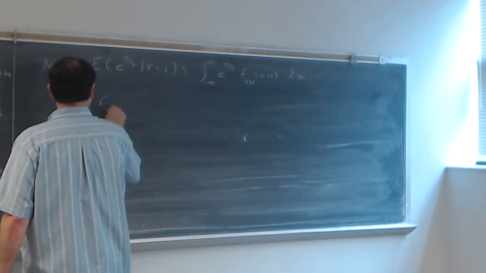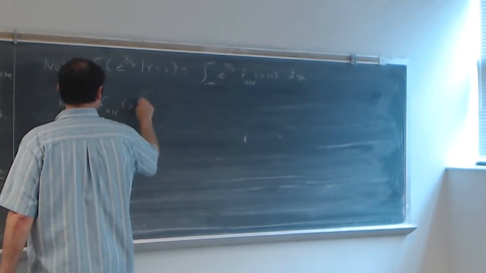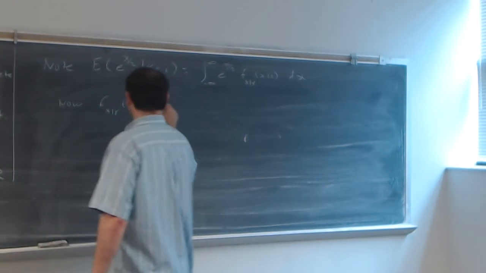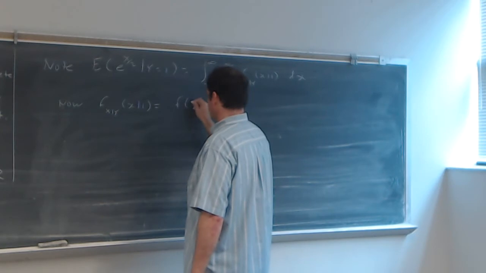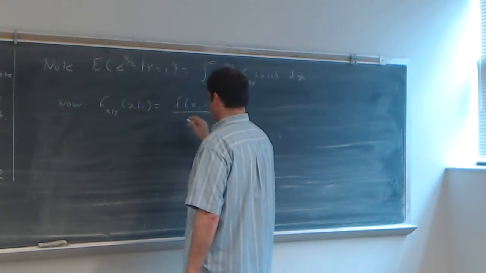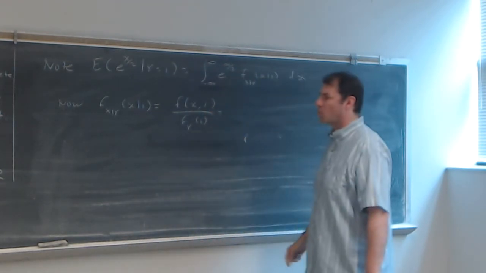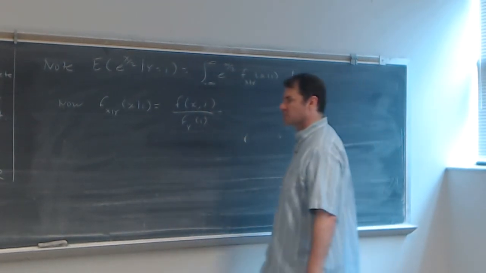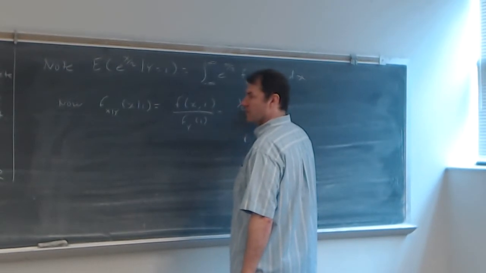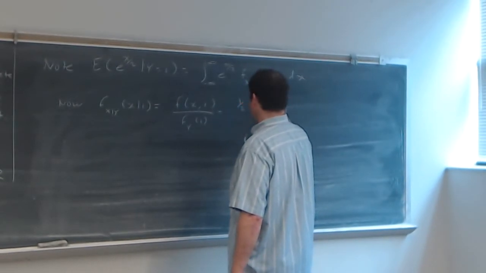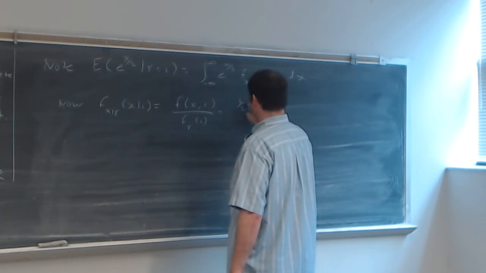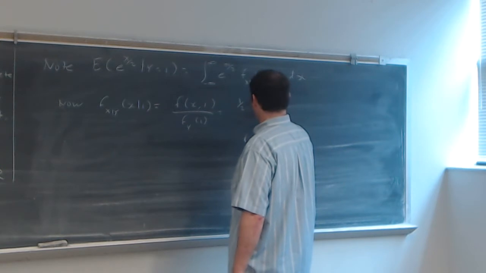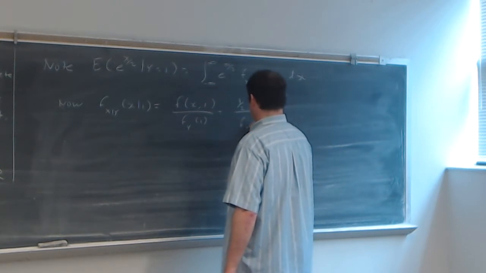So now f of x given y, x given y equal 1, is equal, by definition, to f of x comma 1 over f sub y of 1. And f of x comma 1 is 1/2 times 1, e to the minus x, since y was 1, over f sub y of 1.